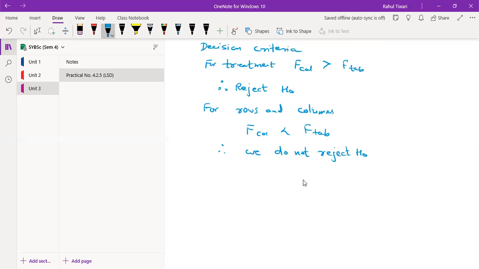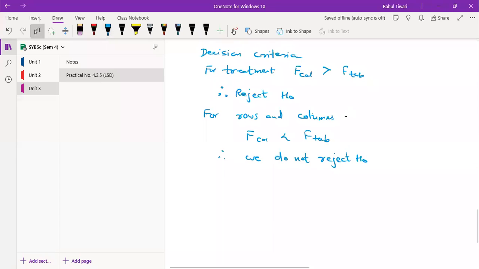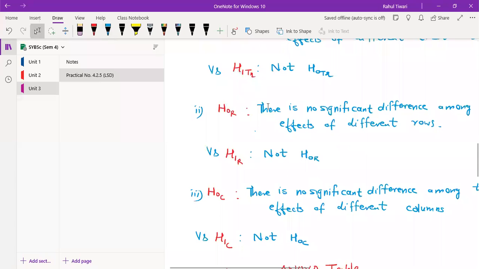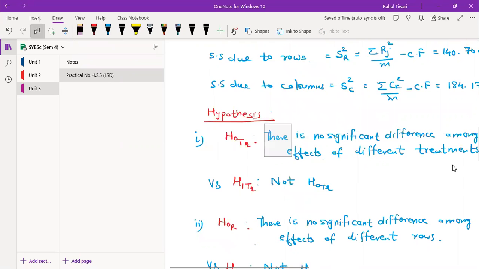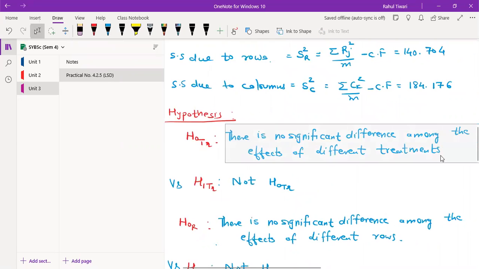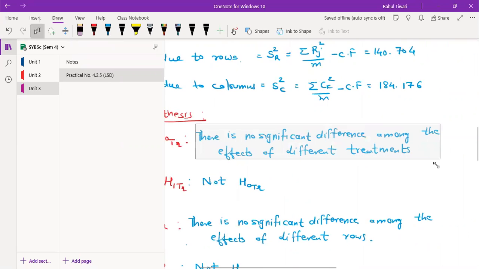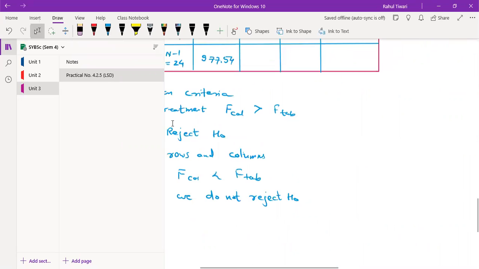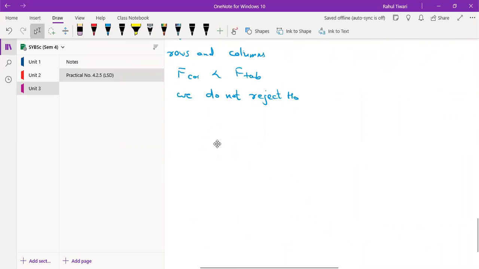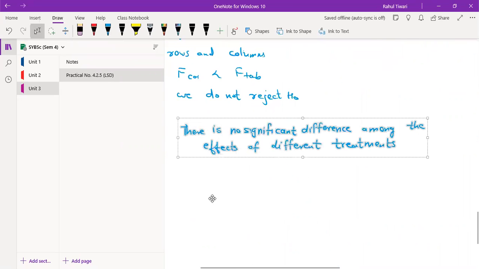Hence, we can add the conclusion. What is the conclusion? Since you're rejecting H naught, that means there is a significant difference among the treatments, because you're rejecting H naught, right?